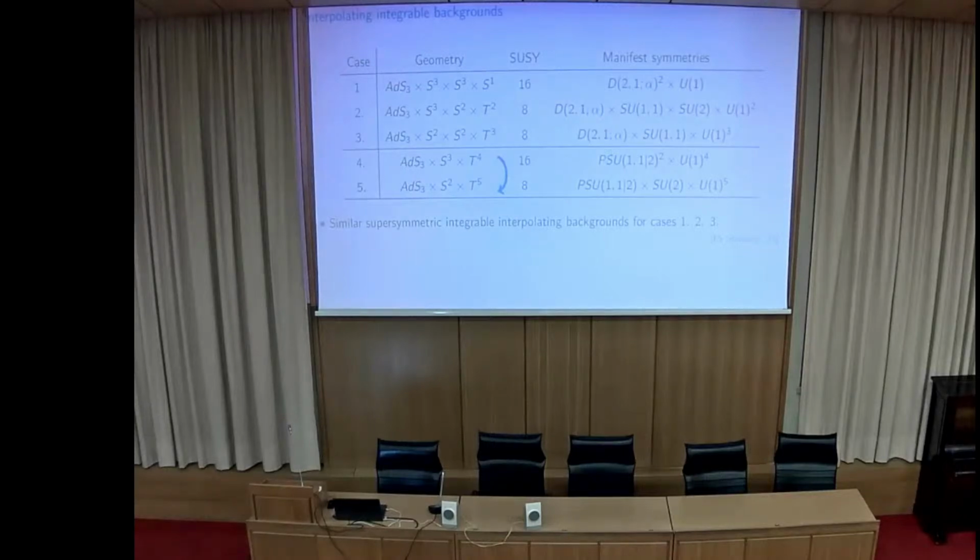In the cases where you have, let's say, case number 3. Are the sizes of the two spheres independent, or how are they related? Yes, so there will be a radius of ADS3, there is a radius of S2. So here, no, here they are fixed. So it's only in that case where there will be some freedom. Okay, but in case 2 and in case 3, these radii are like the sphere radii.